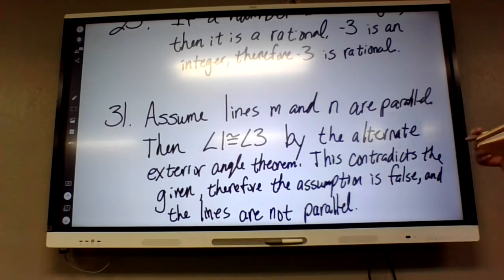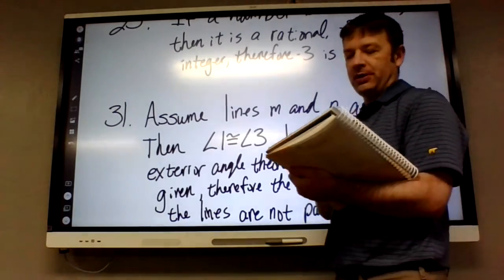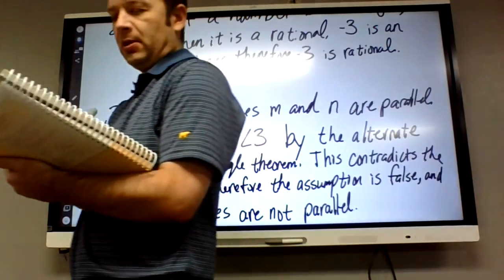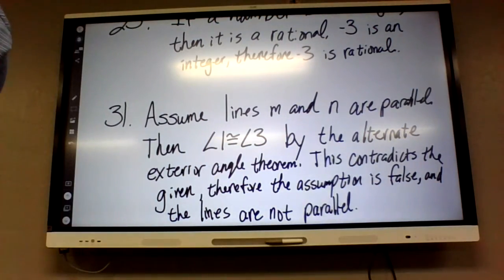Okay, on 32, I'm not going to do this one, but it's starting with the given that BD is an altitude and triangle ABC is scalene. So you're supposed to prove that BD is not also a median of the triangle.